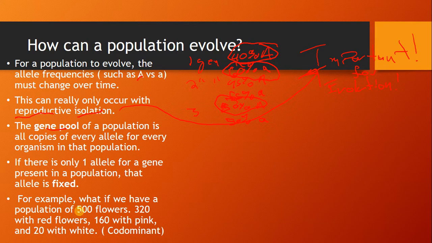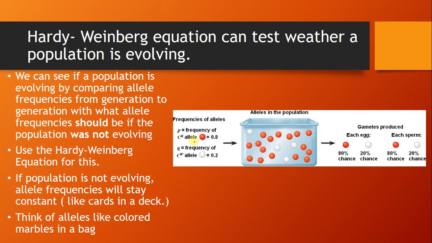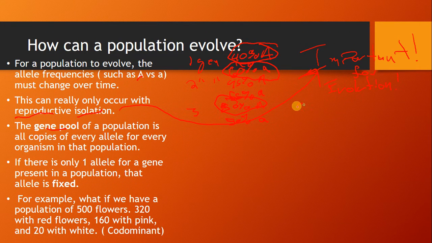So, for example, like my example down here. If we have 500 flowers, and 320 are red, so they have CR CR, 160 are pink, they have a CW CR, and 20 are white, 2 CWs.